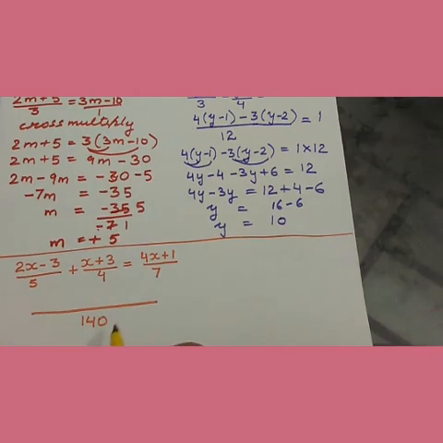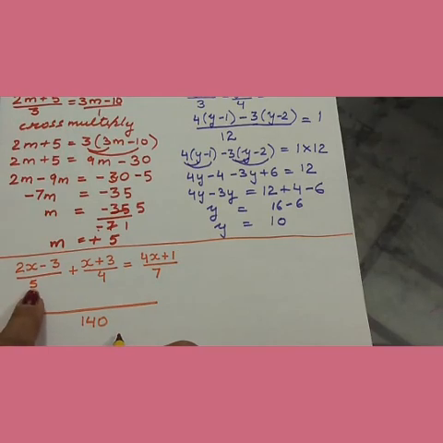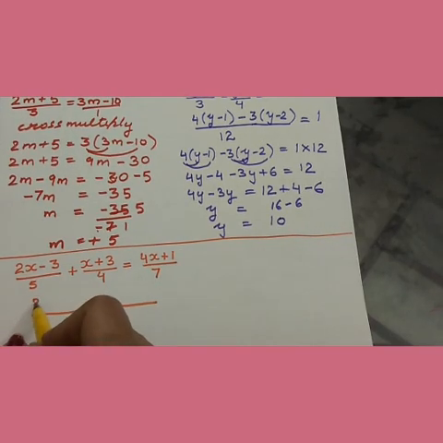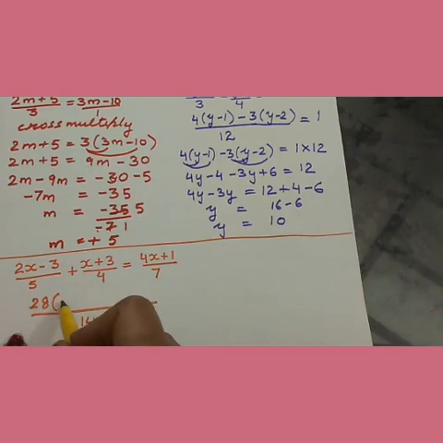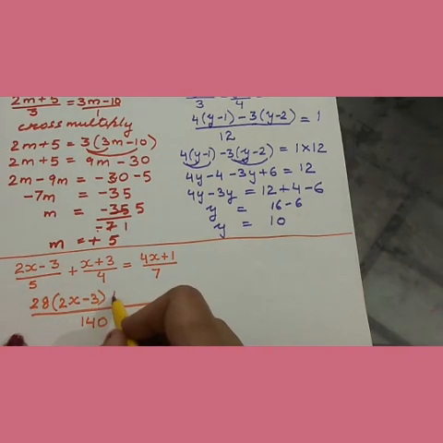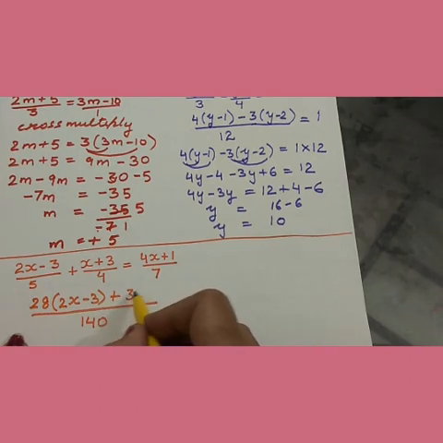Now over 140, if you divide LCM by the denominator, what you get here is 28. This will be multiplied by the numerator, plus 35, again times the numerator.